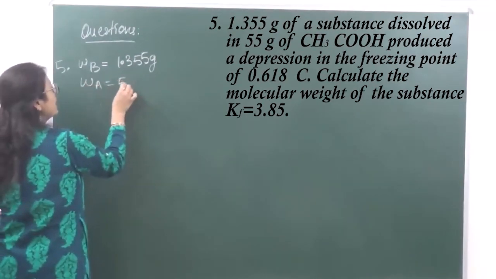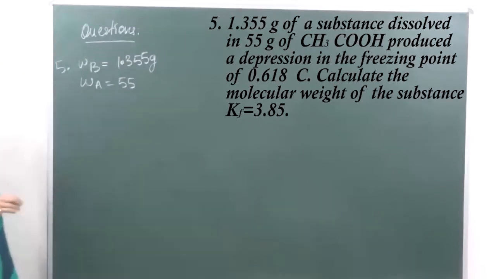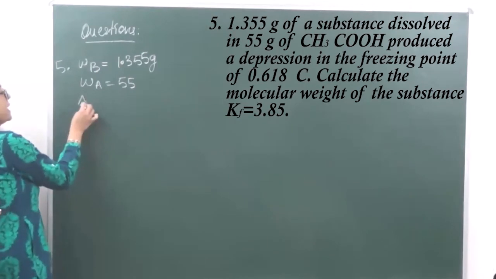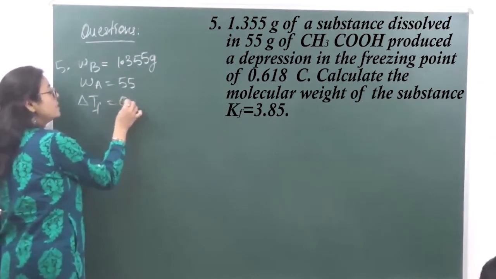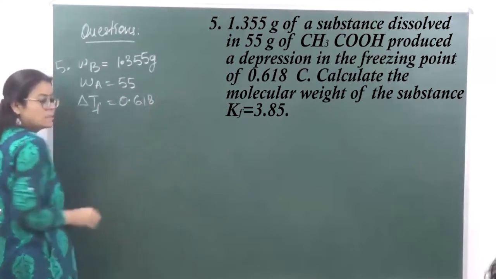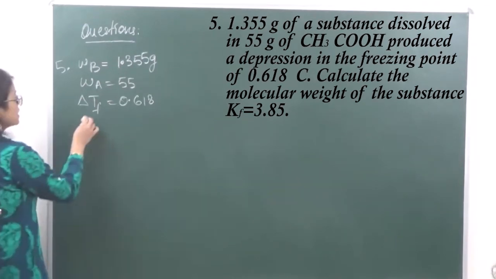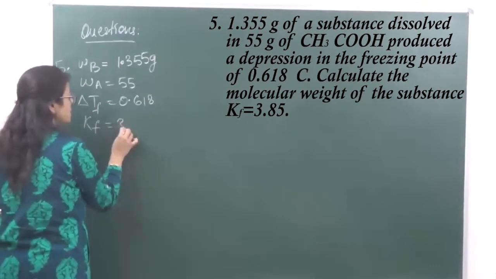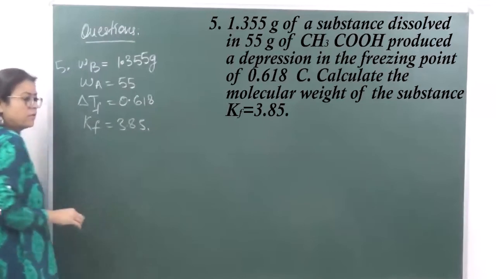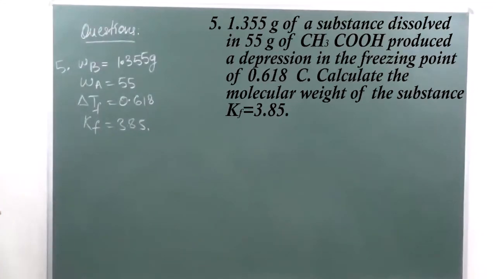So WA given to us is 55 grams. It produces a depression in freezing point of 0.618. So delta TF is 0.618. Calculate the molecular weight of the substance. KF is given to us as 3.85. So this is also a direct question.